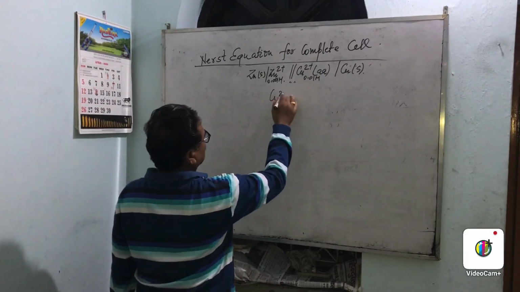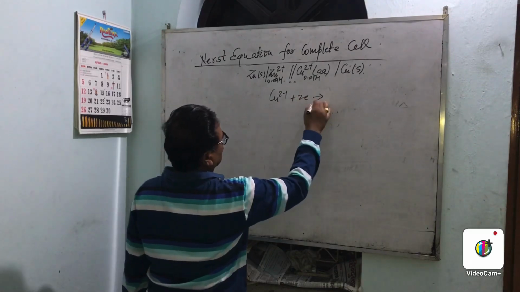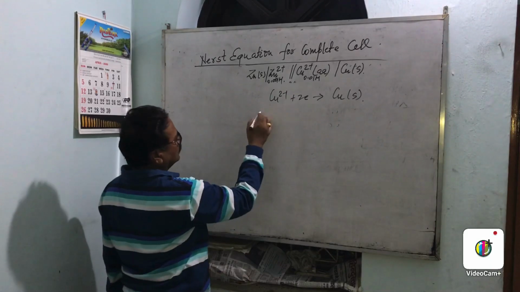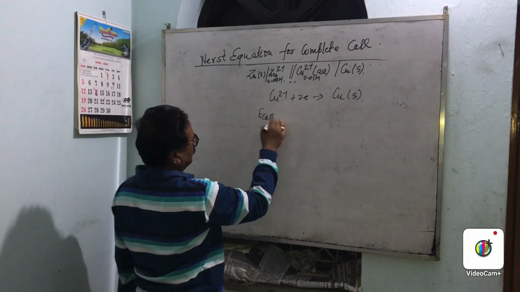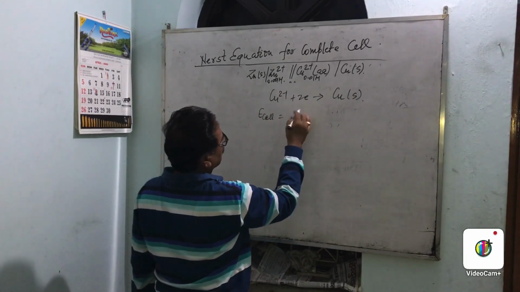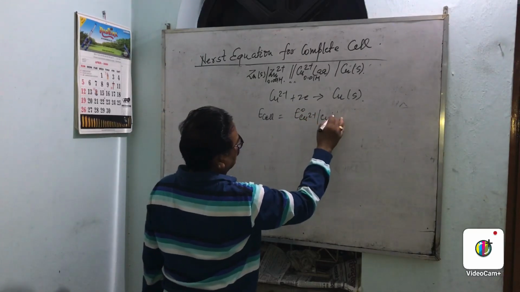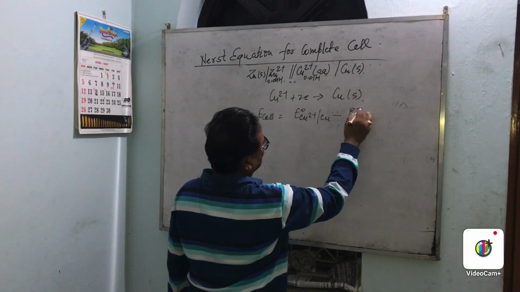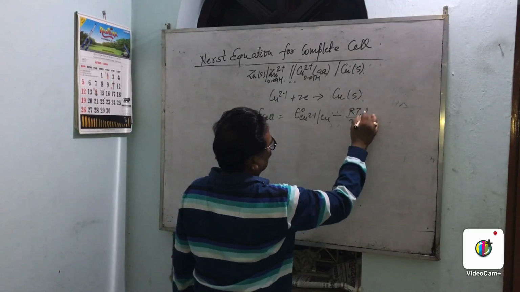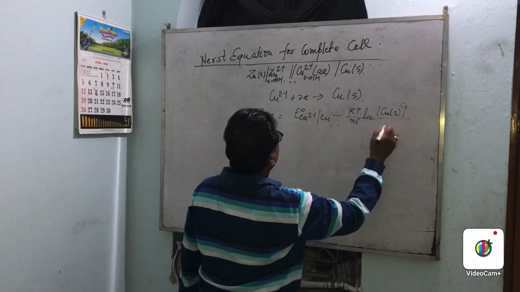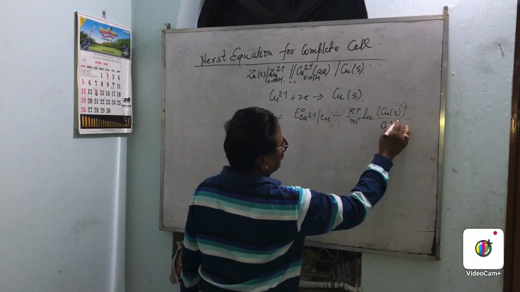This is copper 2 plus. Always it is written in the reduced form. Copper solid. Write the half equation. E cell is equal to E0 copper 2 plus copper minus RT by NF log copper solid into copper 2 plus.